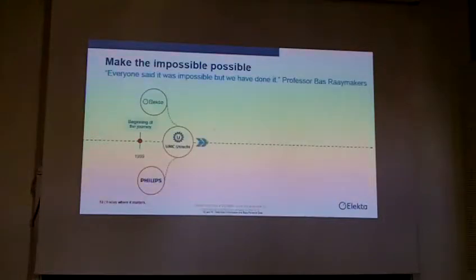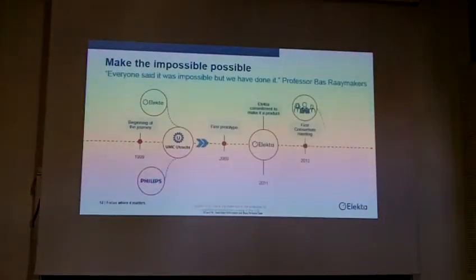Professor Bas Raaymakers, I think most of you know him. He is one of the founders and creators of the MRI Linac, and you see here the history behind how development was. From 1999, the idea was born in Utrecht together with Elekta and with Philips.